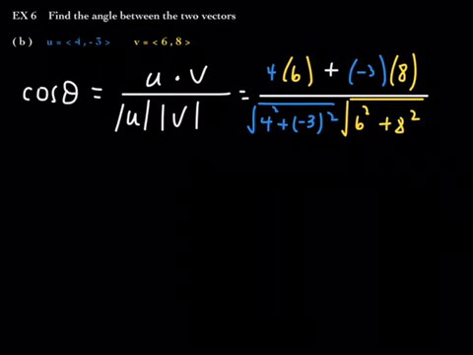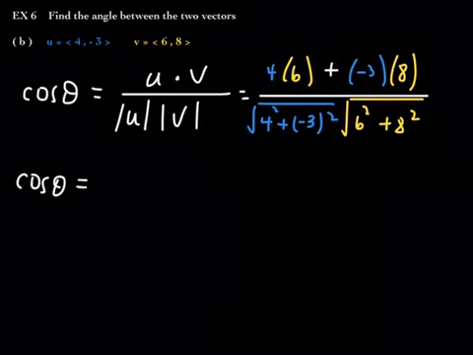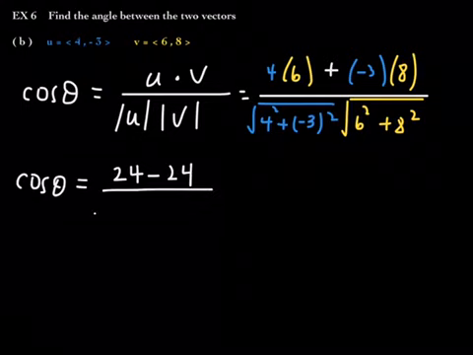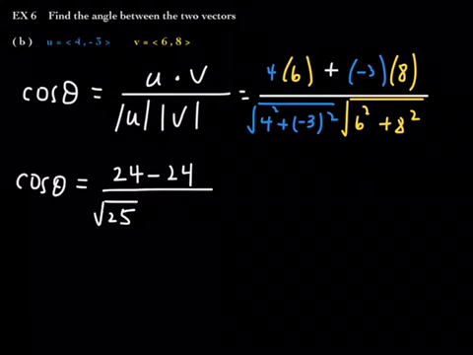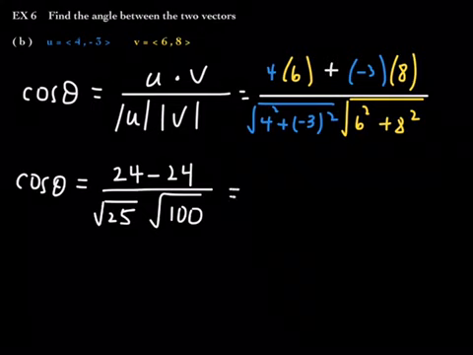All right, okay, let's simplify this. Cosine of theta is equal to, up here I get 24 minus 24, and down here I get the square root of 16 plus 9 times the square root of 36 plus 64. Okay, ladies and gentlemen, please notice that your numerator is 0.